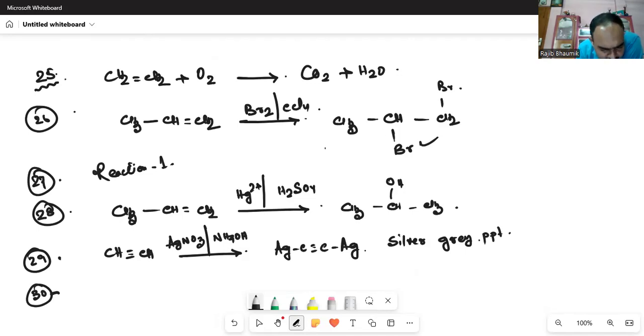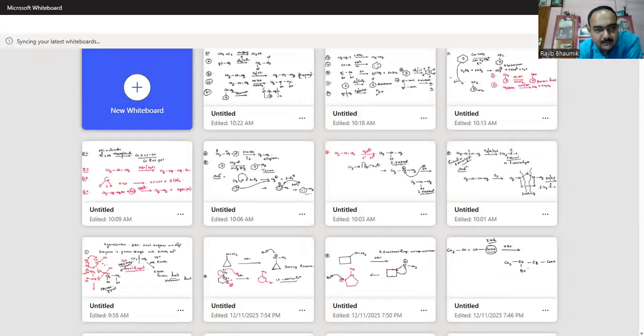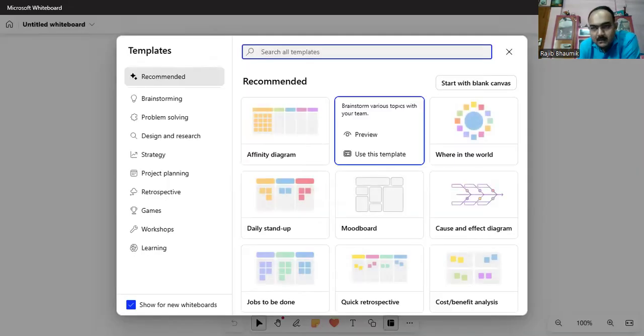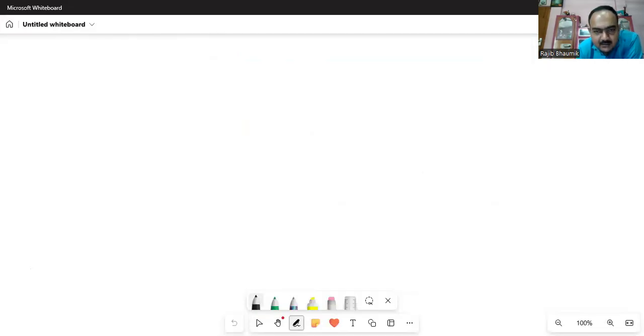31. Benzene is treated with acetyl chloride. Okay, this is a Friedel-Crafts acylation reaction. Benzene is treated with acetyl chloride.